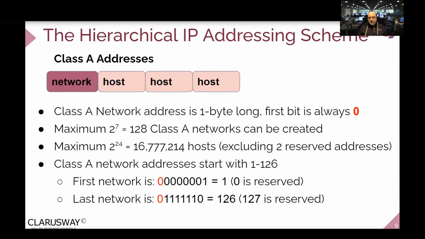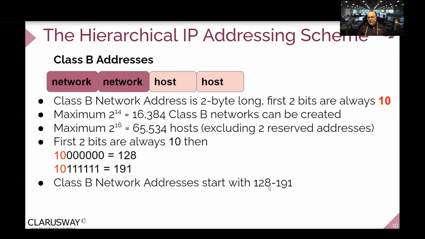So if I see a network that starts with 15 dot something, that tells me it's a Class A network. If I see a network that starts with 120 dot something, that tells me it's a Class A network. If I see a network that starts with 128 dot something, that's a Class B network. 180 dot something, that's a Class B network.